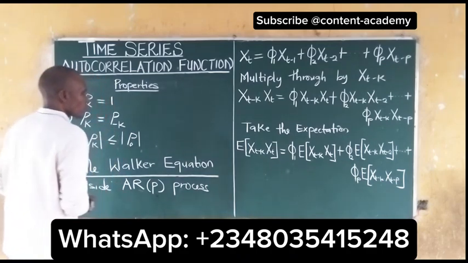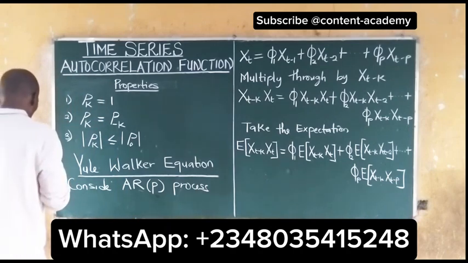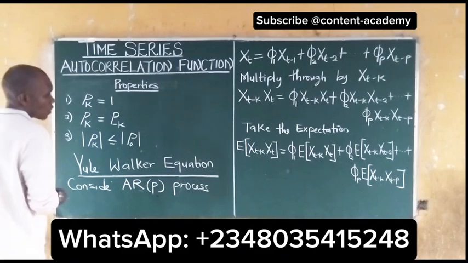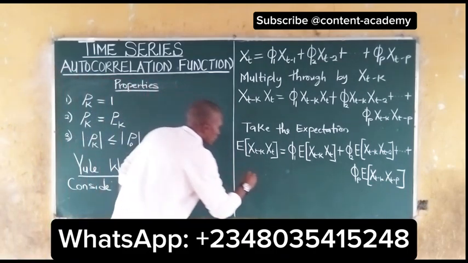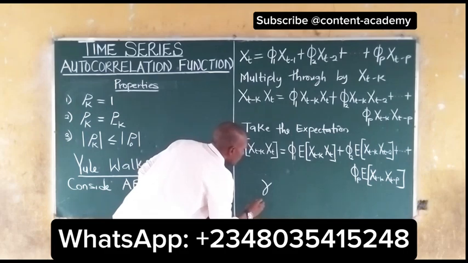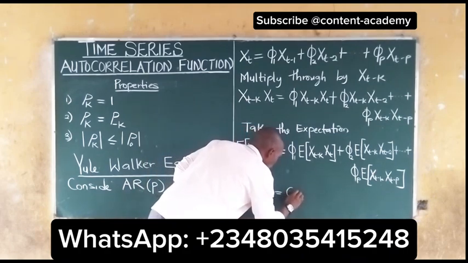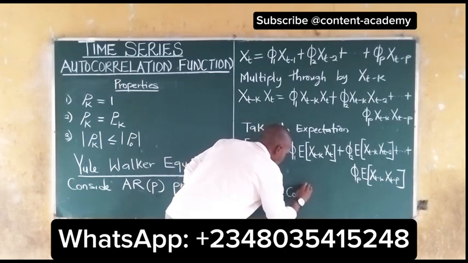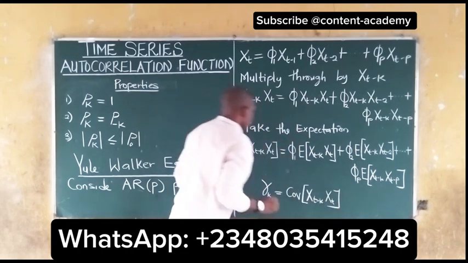Now, we should also recall from the autocorrelation function that Rk is equal to the covariance of x t minus k and xt.